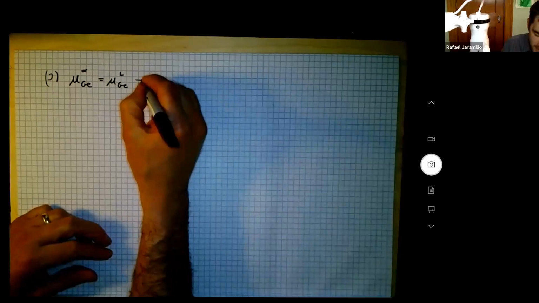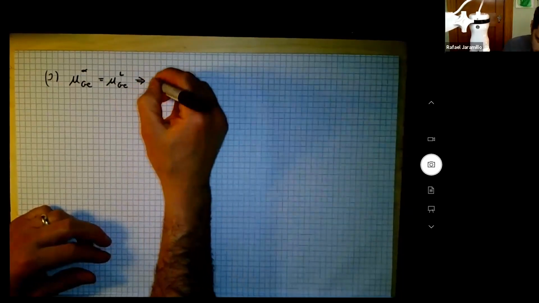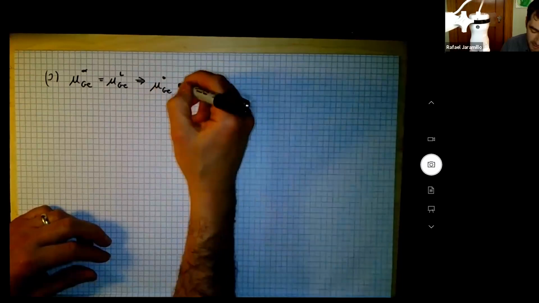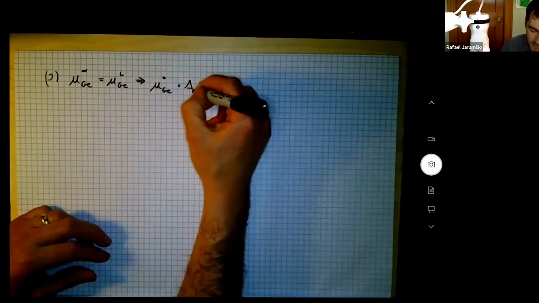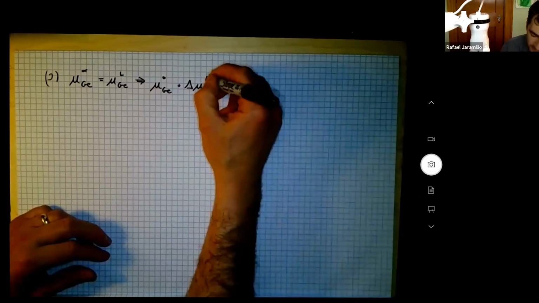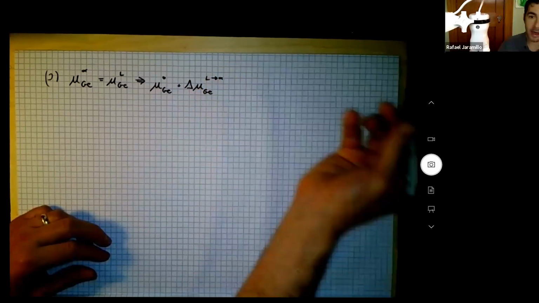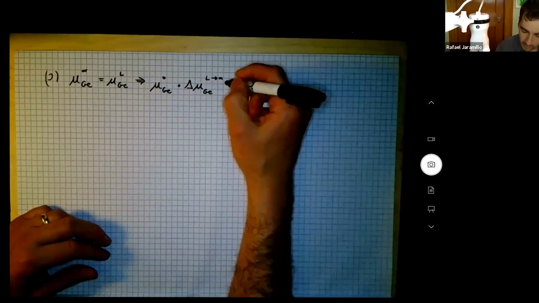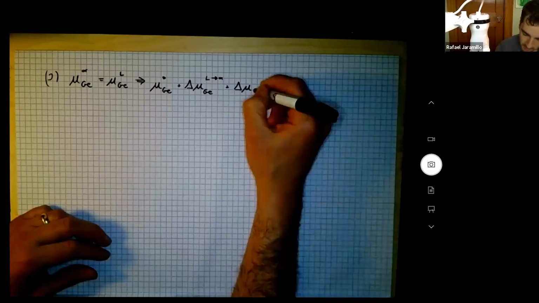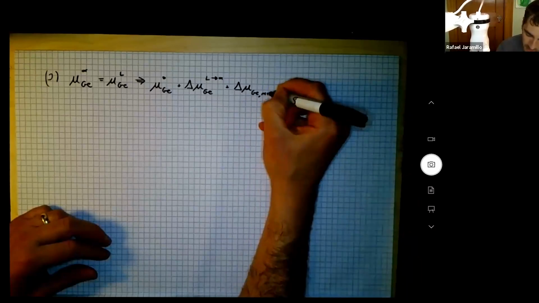And for this case, you end up with chemical potential of germanium in its reference state. Its reference state is the liquid. So we need to pay some free energy to get germanium from liquid to the alpha phase. And then we're going to mix germanium in the alpha phase.